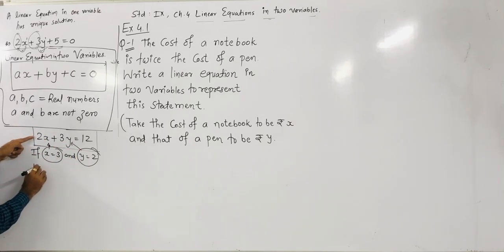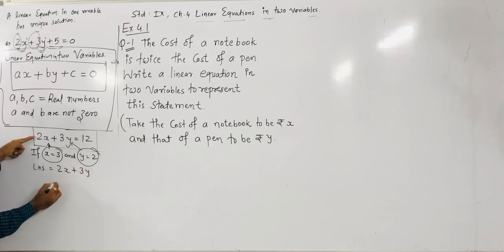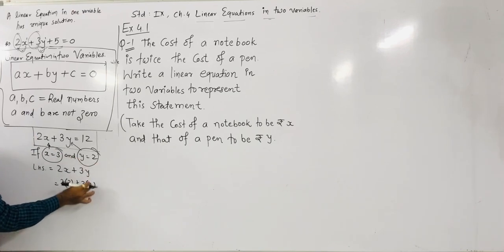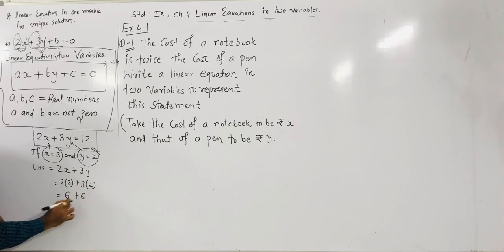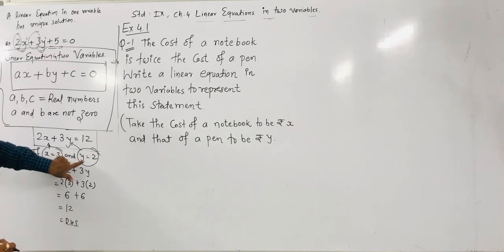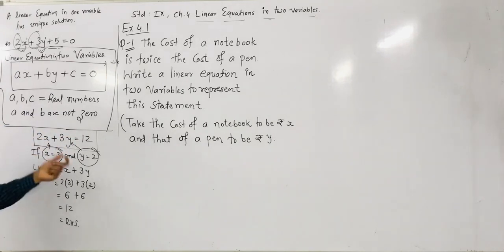If I take the left hand side of the equation, which is 2x plus 3y, right, in which I take the x value as 3 and y value as 2, in place of y we have to put 2. So 2 3s are 6 plus 3 2s are 6. So what do we get? 6 plus 6, 12, which is our equation's right hand side. So it satisfies the equation. So we can say this is the solution of the given linear equation. Right, because it satisfies that, so it is a solution.